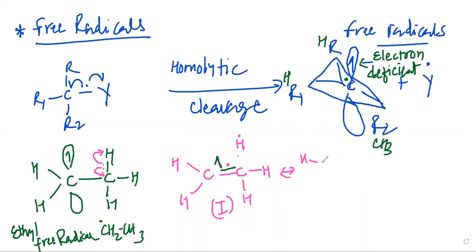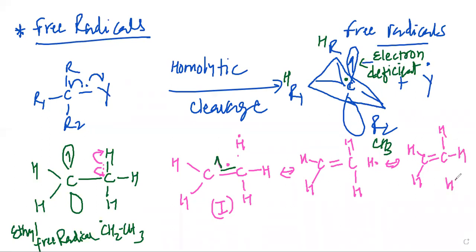Same way you can have the other structures, my dear students. Please mind well that you may have this kind of free radical where this hydrogen again undergoes and becomes a free radical. Same way you can see here that again you have this kind of free radical possible. So you can see even here that this is the alpha hydrogen, this is the alpha hydrogen, and this is the alpha hydrogen.